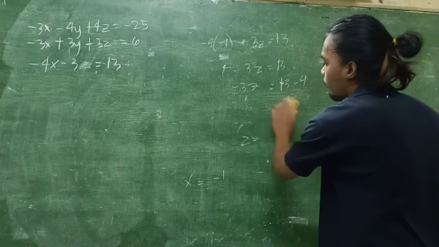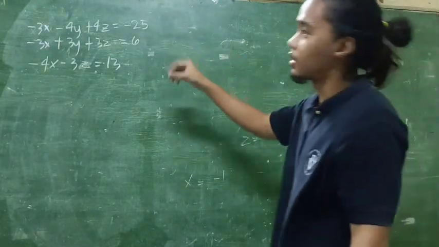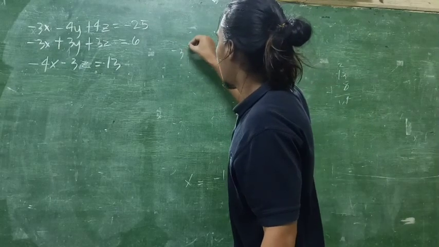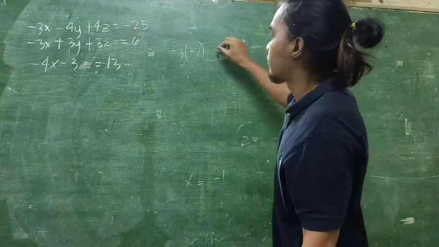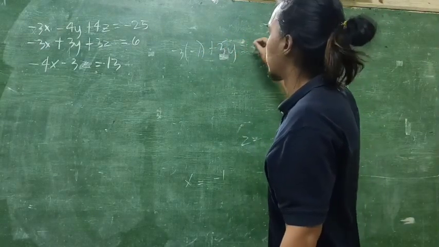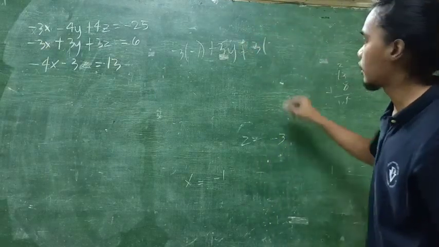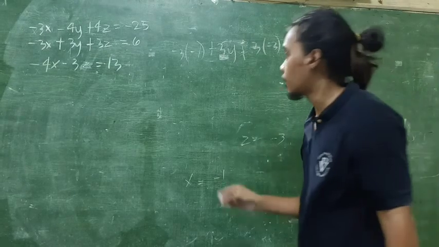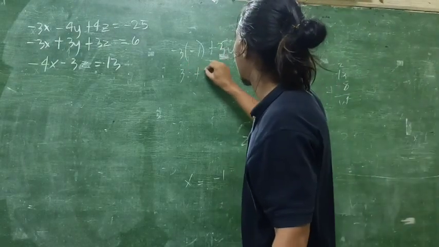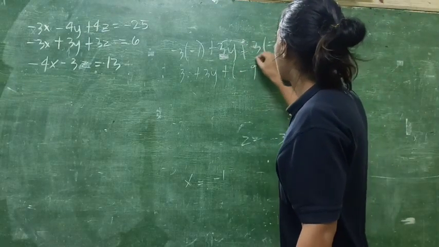So now that we have our x and z, we can substitute them into either of these two. How about we try the second equation? Negative 3 times the value of our x, which is negative 1, plus 3y, plus 3 times the value of our z, which is negative 3, is equal to 6. So negative 3 times negative 1 is positive 3, plus 3y, plus 3 times negative 3 is negative 9, equals 6.